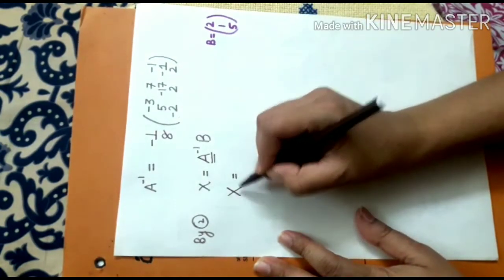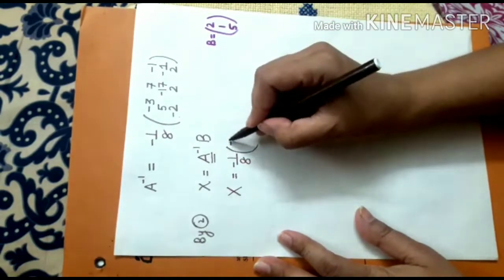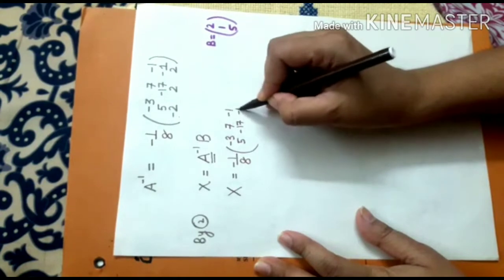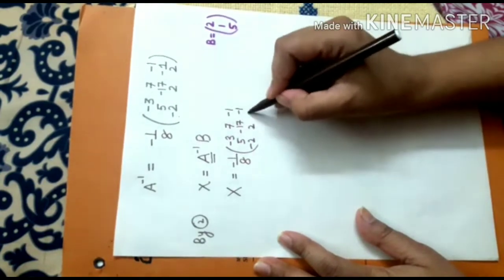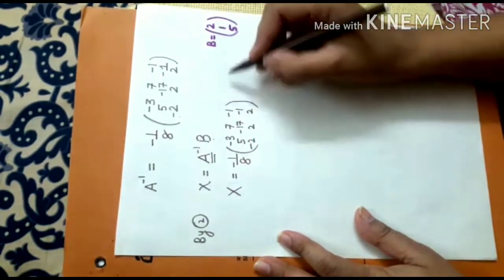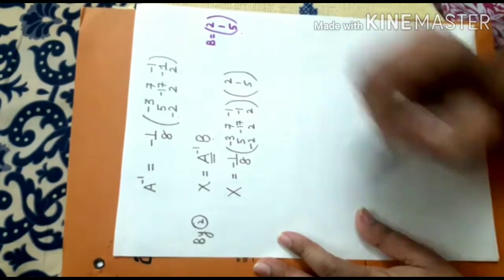So X will be equal to -1 over 8 into this matrix -2, 2, 2 into matrix B. Matrix B is given by this. So it is 2, 1, 5.